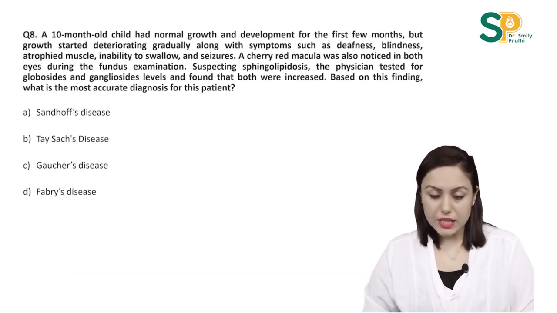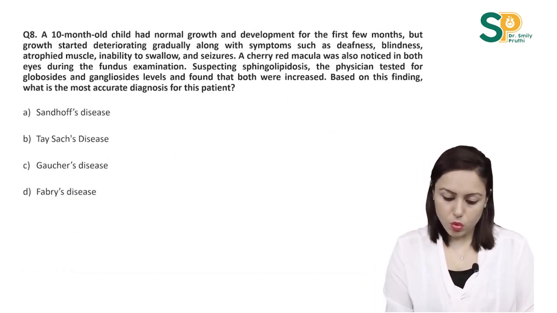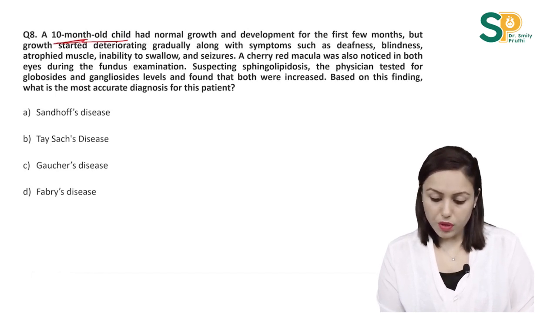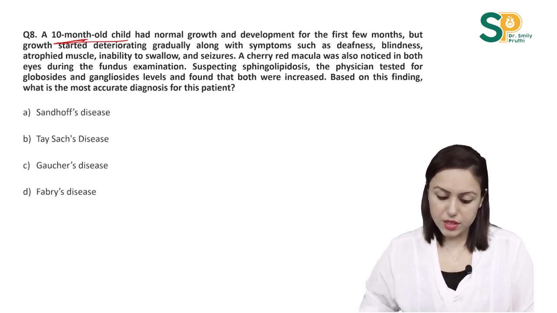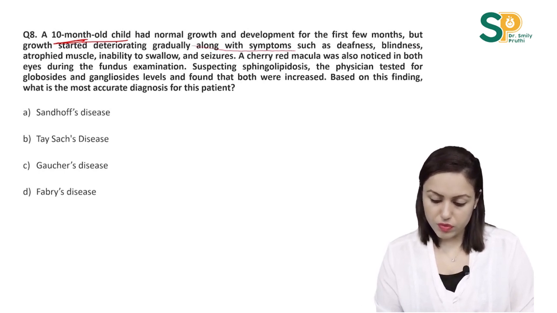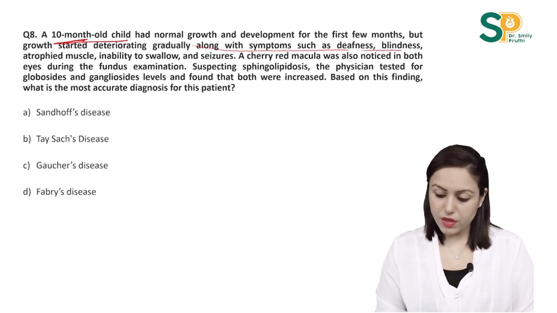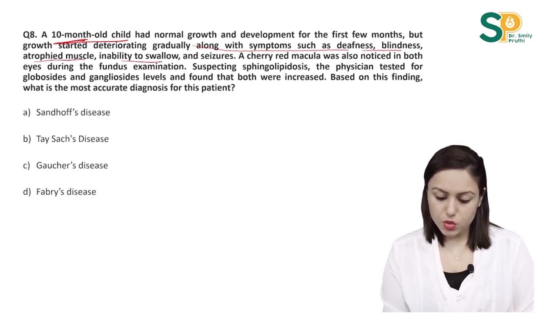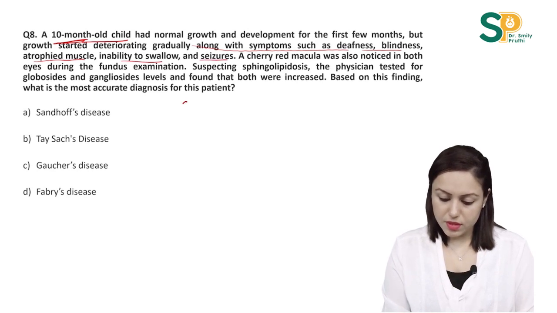Coming to question number 8, a 10-month-old child had normal growth and development for the first few months, but growth started deteriorating gradually along with symptoms such as deafness, blindness, atrophied muscle, inability to swallow, and seizures.